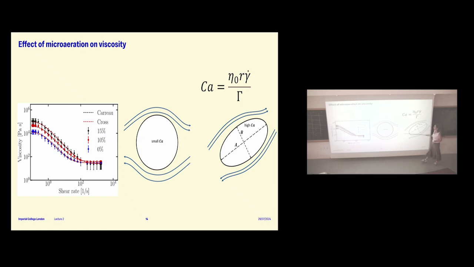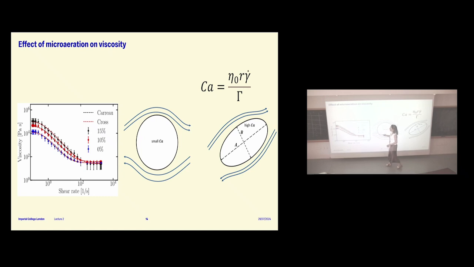There's a lot of literature that says if you have a small capillary number, basically these gaps are acting like particles because the fluid has to go all around them. So it disrupts the flow. Whereas at high capillary numbers, they are deforming, and therefore you get a drop in viscosity.